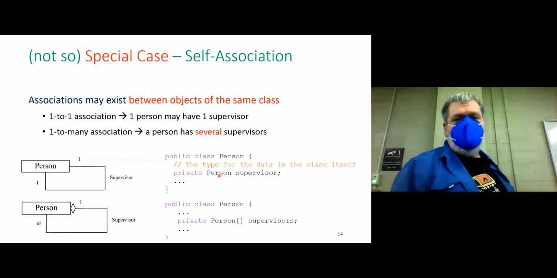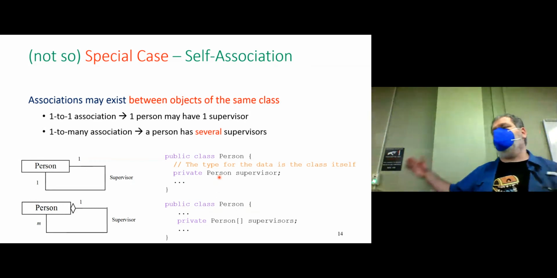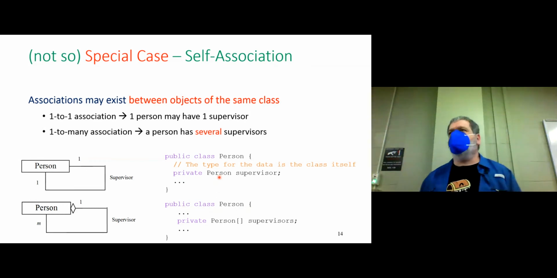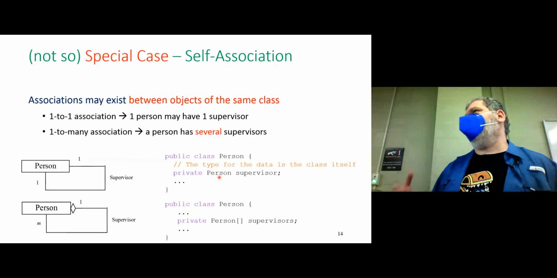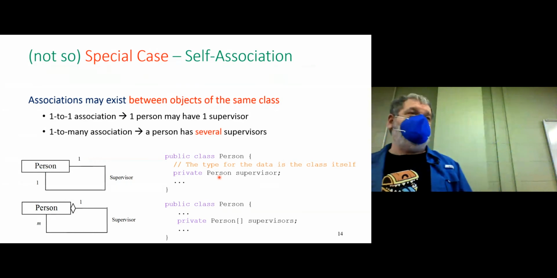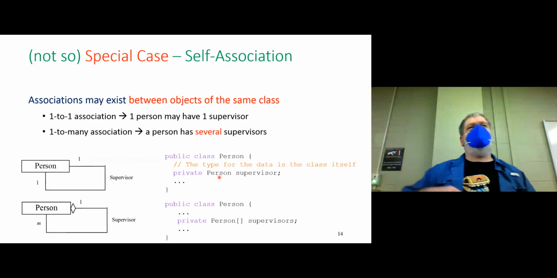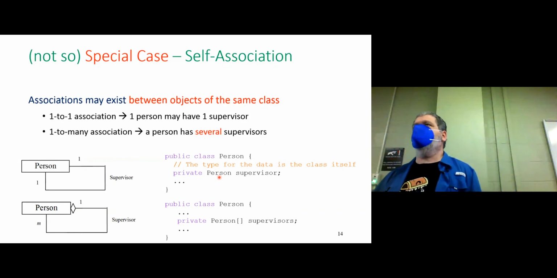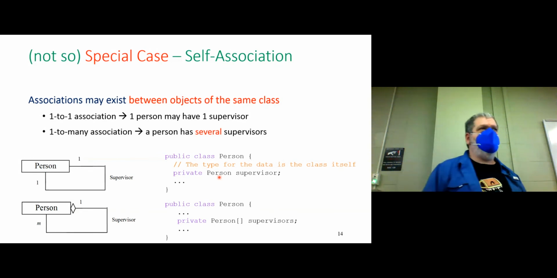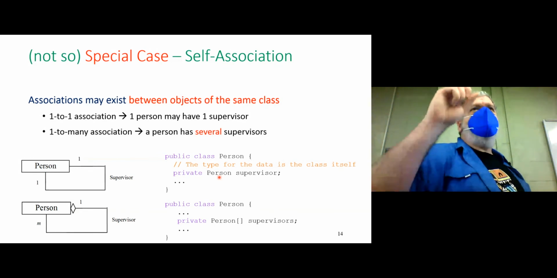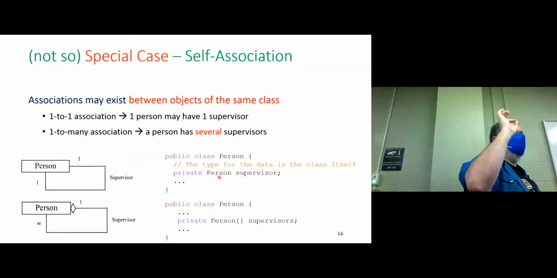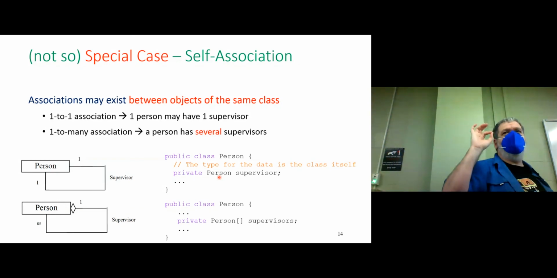As long as you say, for example, a course is taught by one faculty, well, inside the course class, you can define an attribute faculty or teacher or instructor, and that's going to be of type faculty, and it's going to refer to an object of class faculty. It's going to tell you who is teaching that class. Perfect. So we can accommodate 1 and 0 like that, as far as arities go.